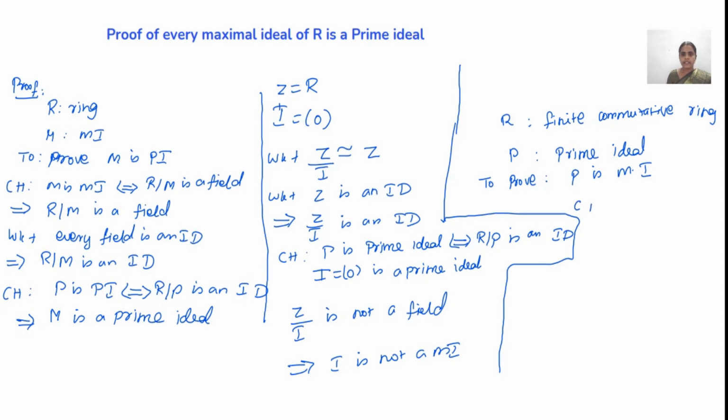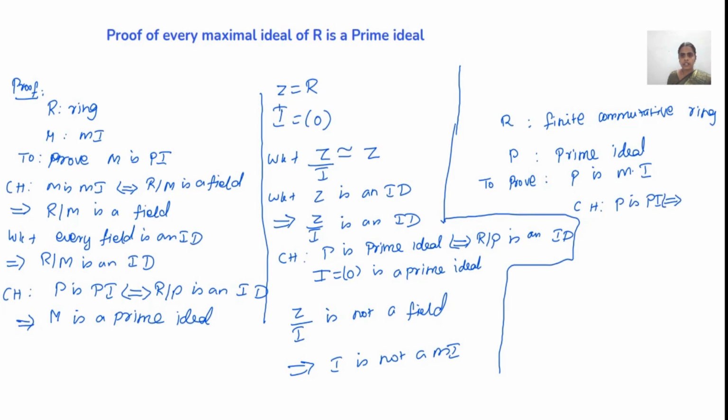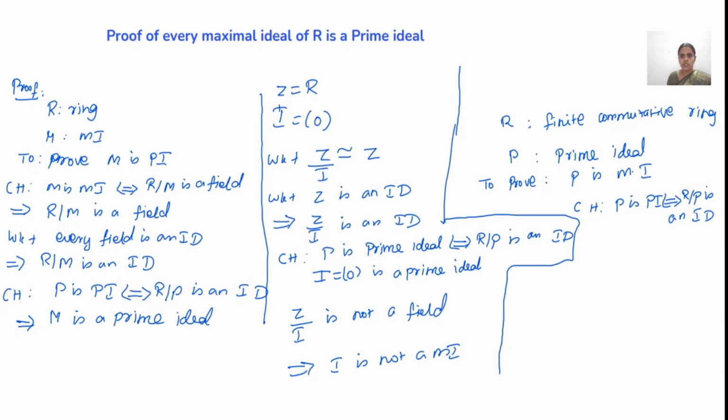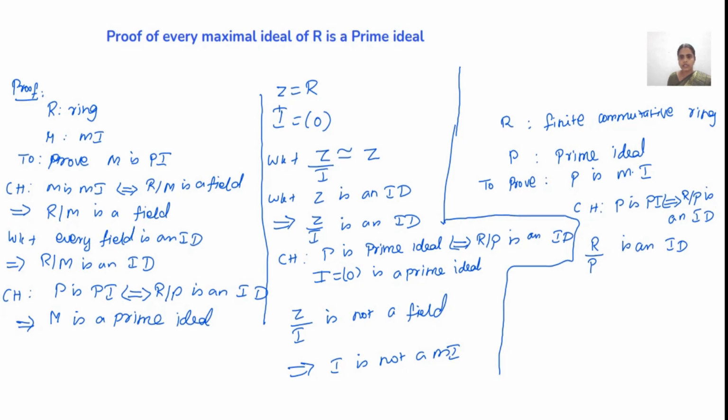By the characterization which states that P is a prime ideal if and only if the quotient ring is an integral domain, we have that the quotient ring R by P is an integral domain.